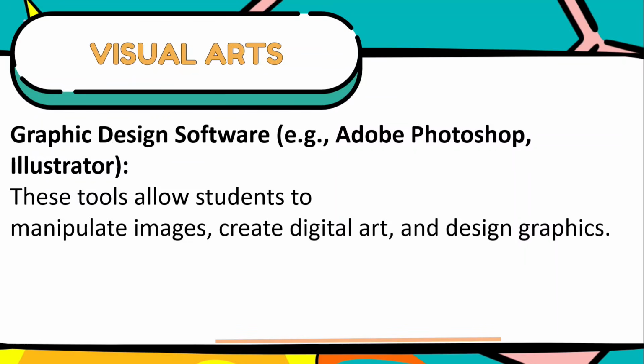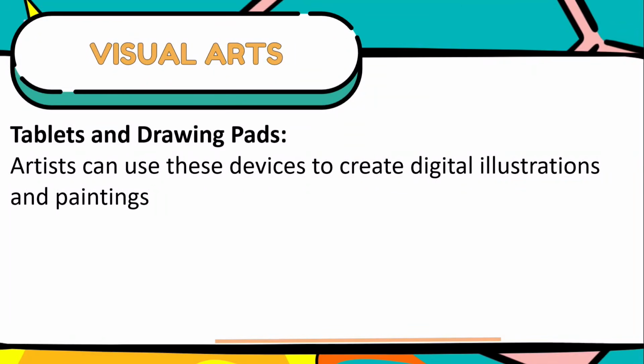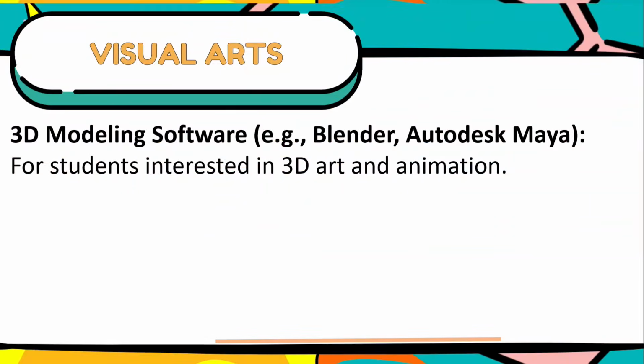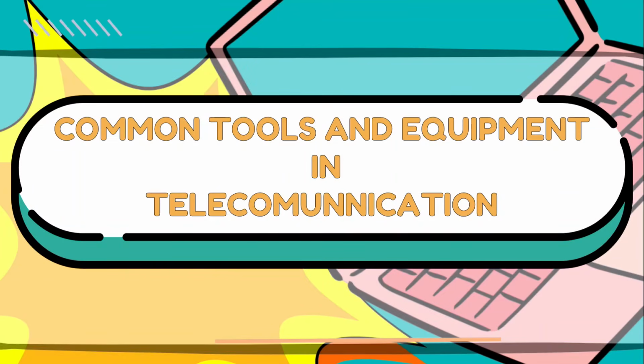These tools allow students to manipulate images, create digital art, and design graphics. Tablets and drawing pads. Artists can use these devices to create digital illustrations and paintings. 3D modeling software like Blender and Autodesk Maya for students interested in 3D art and animation.